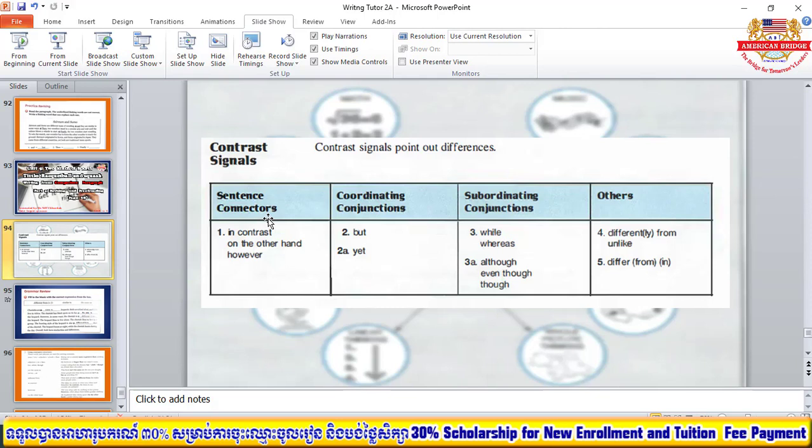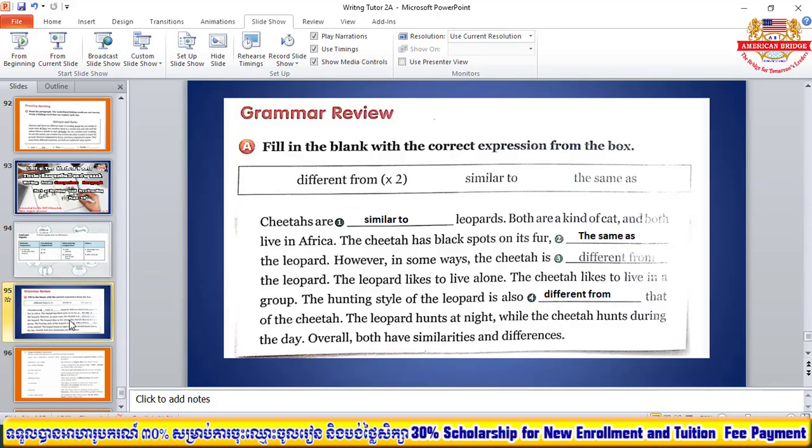Okay, and subordinating conjunctions like while, whereas, although, even though, and others like differently, different from, unlike, or differ. So these are the contrast signals that you can use in comparative paragraph writing, right?